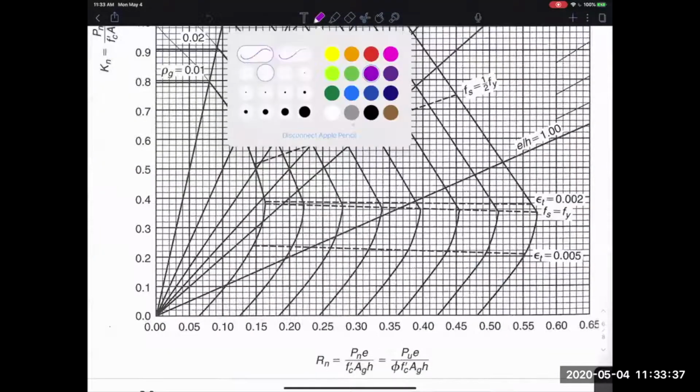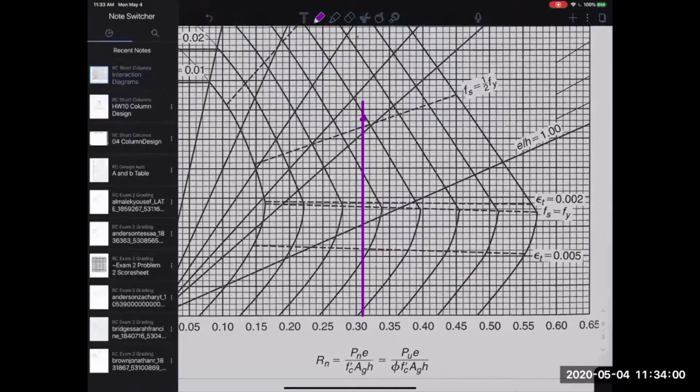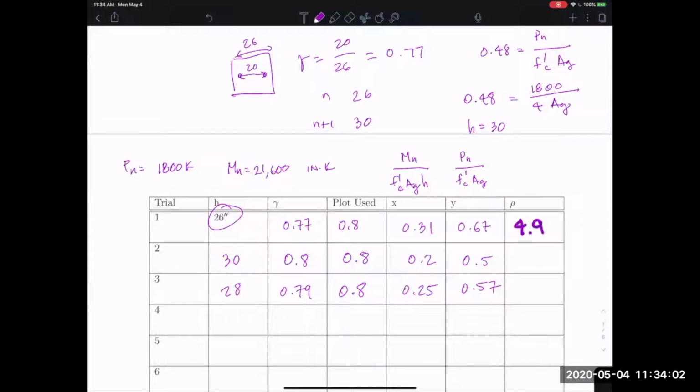I'll make this a little thicker. 0.31 right here, and 0.67 right there. Okay, so that is 4.9%. Now let's try 0.2 and 0.5 on the correct graph.